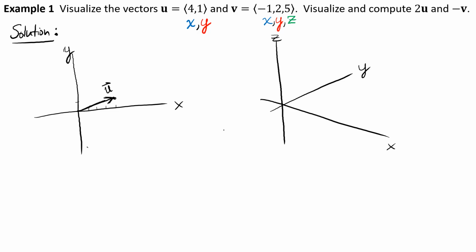Now we imagine walking -1 unit in the x direction. That means we walk 1 tick mark away from the positive x-axis. Then we're going to walk 2 units along the positive y-axis, 1, 2. And finally we're going to walk 5 units up along the z-axis, 1, 2, 3, 4, 5. And there's our vector v.